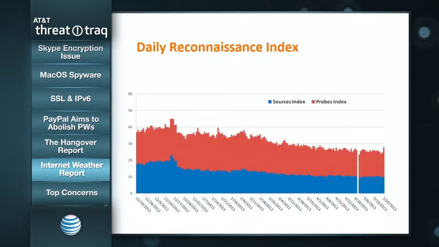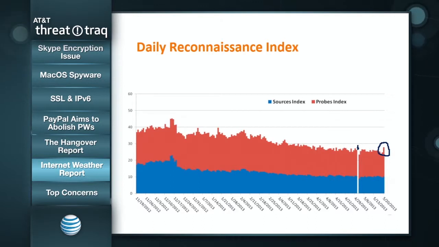The next item here is what we call the reconnaissance index. In particular, this is a daily report that we generate to take a look at how much overall or aggregate scanning activity we see on the network. It takes into account the number of sources as well as the number of probes on the network. And we'll pretend like this little missing day is not there, and focus in on the recent activity.